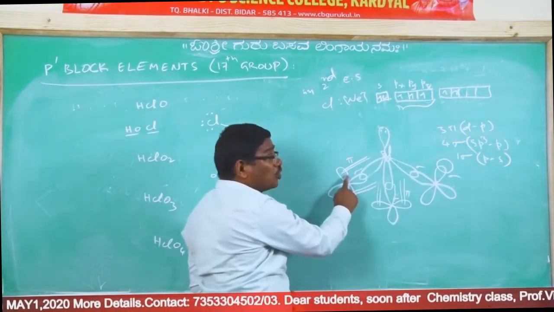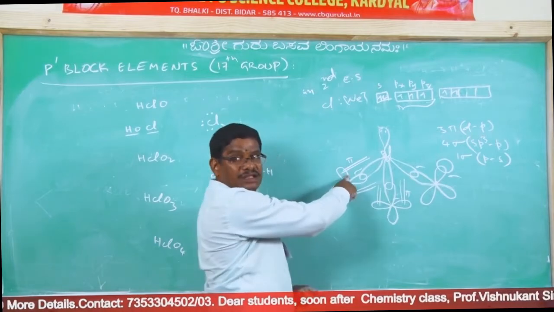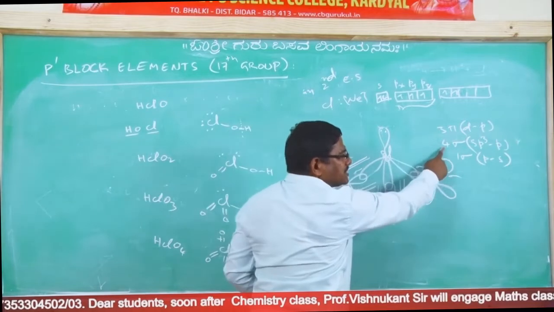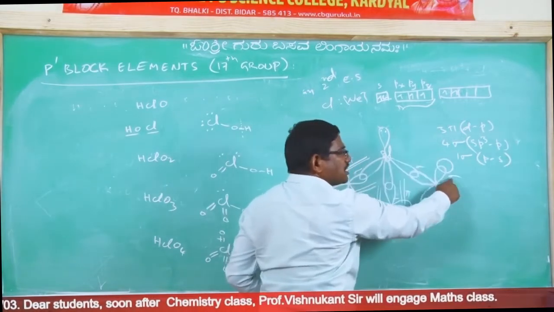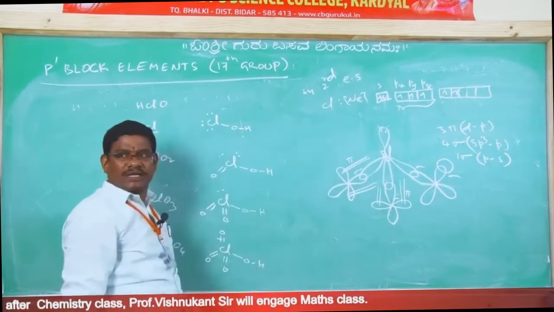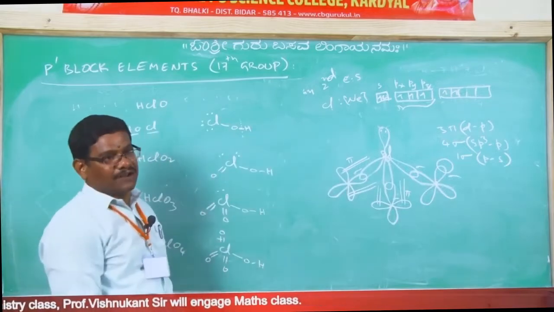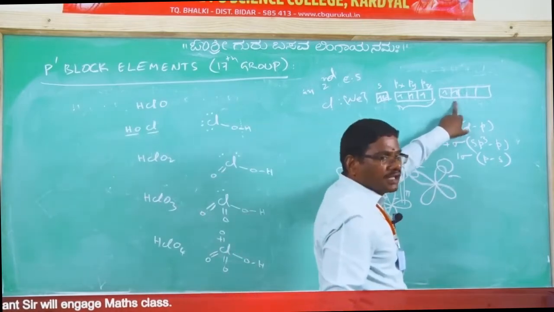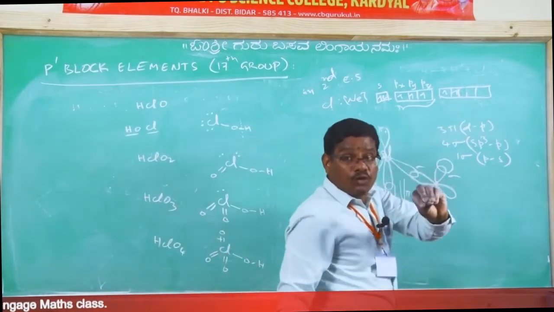In that case 2 pi dp, and then 3 sigma sp3p, 1 sigma sp. Like that, if you come to one more in that way, you can expect so depending on excitation, how many d unpaired electrons are there, those involved in lateral overlapping.